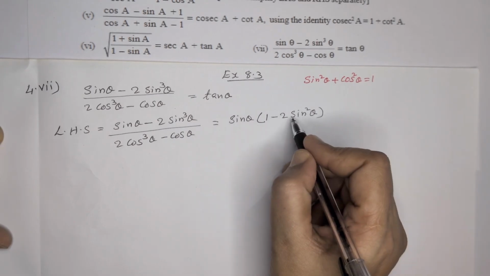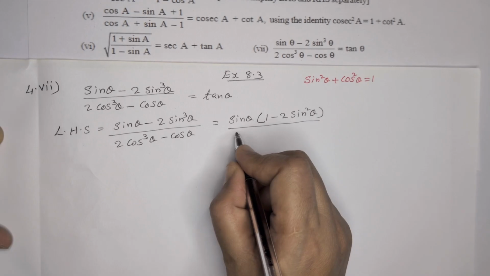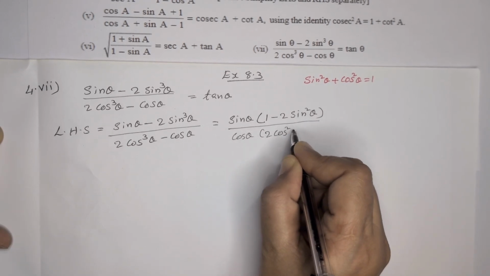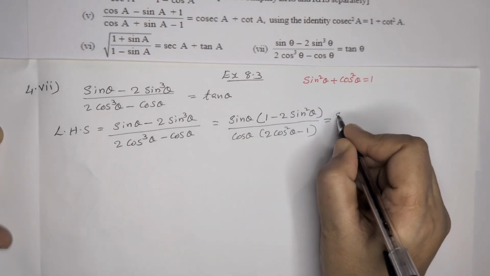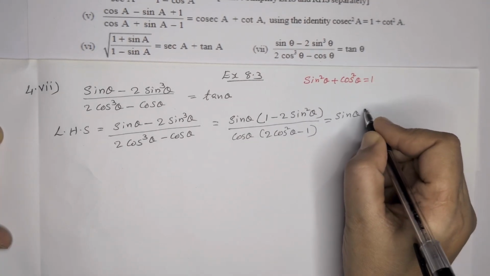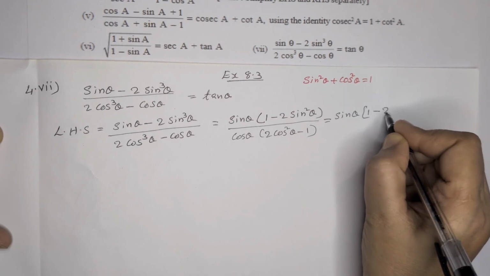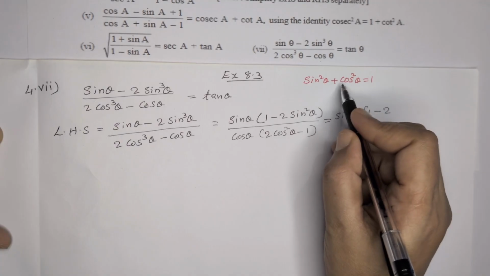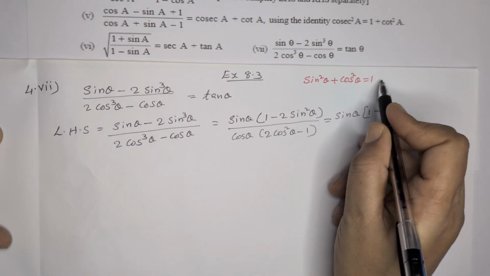Then 1 minus 2 sin square theta divided by, from here we can take cos theta out. So 2 cos square theta minus 1, which is equal to sin theta into 1 minus 2 in place of this sin square theta. By using the identity, we can write sin square theta is equal to 1 minus cos square theta.